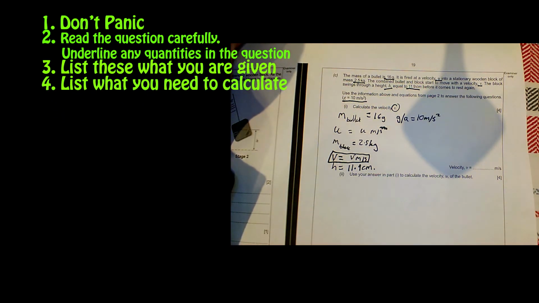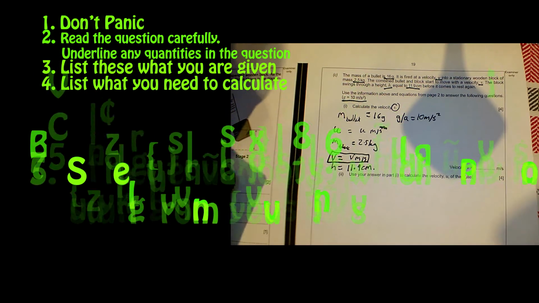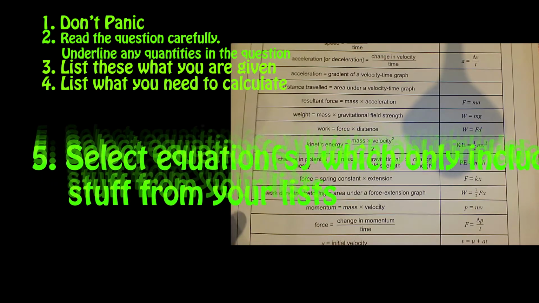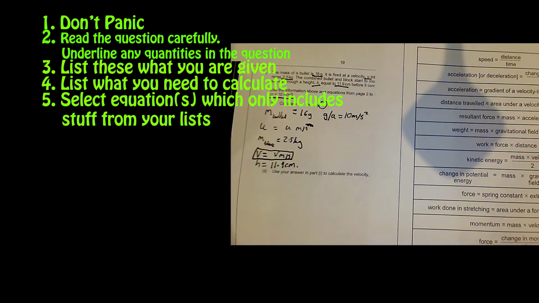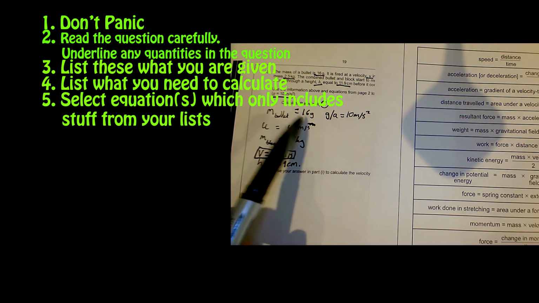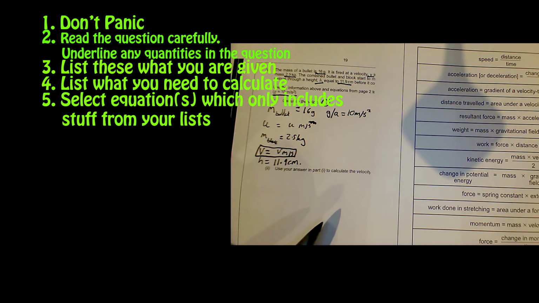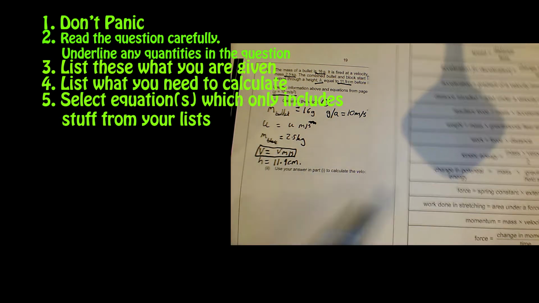Step 5 is select an equation from page 2. So here is page 2. I have got the mass. I'm looking for a speed, I've got a height, and I've got an acceleration, or gravitational field strength.